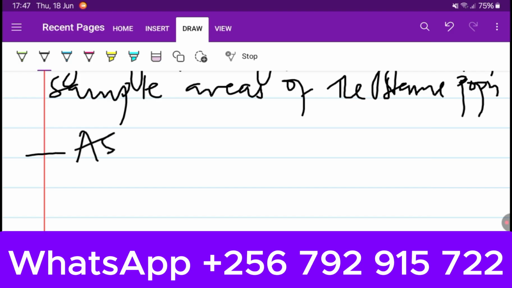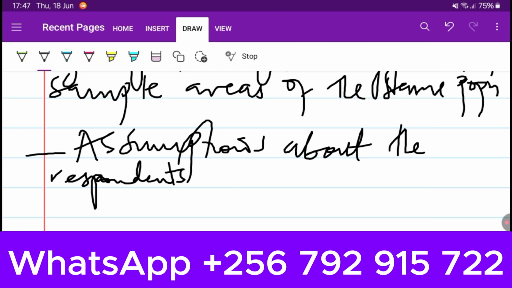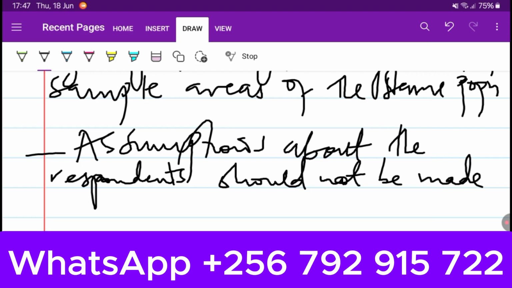So assumptions about the respondents should not be made, meaning that the questions should be impersonal and non-aggressive.